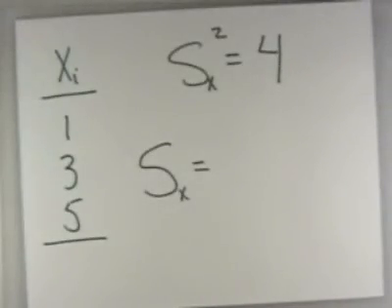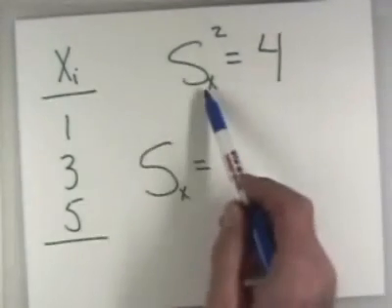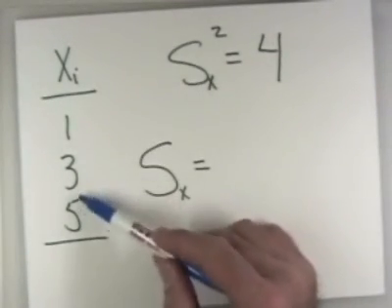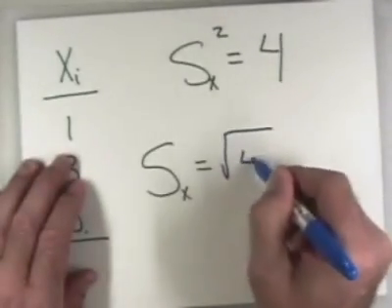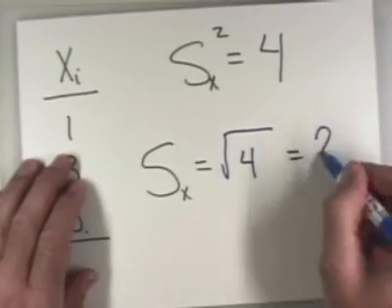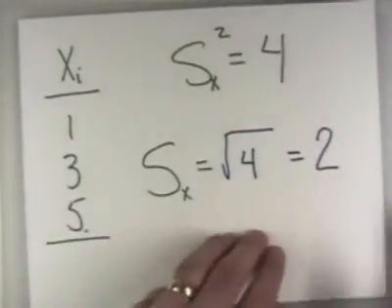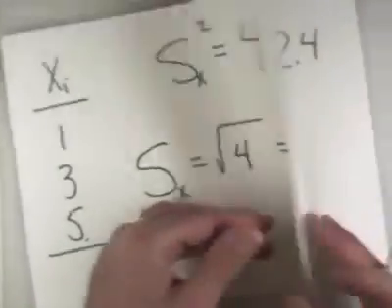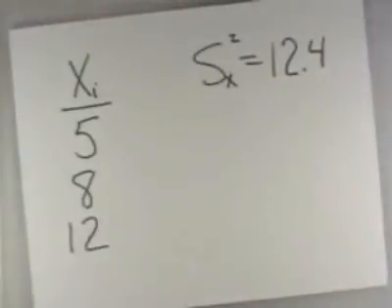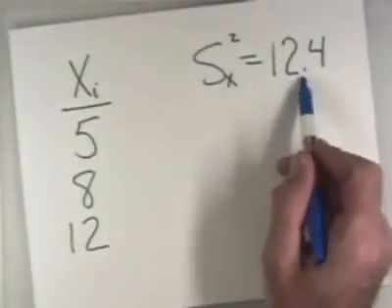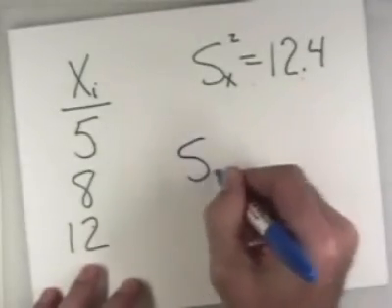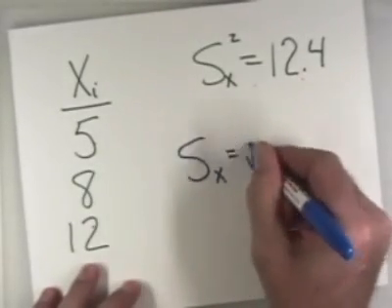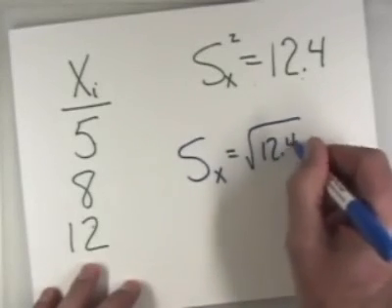And so if we go through these problems, if you remember the variance for this set of data, the sample variance had been 4, the standard deviation would just be the square root of 4, which would be 2. And similarly, we had calculated out the variance for this set of data. And so the sample standard deviation is just the square root of 12.4.